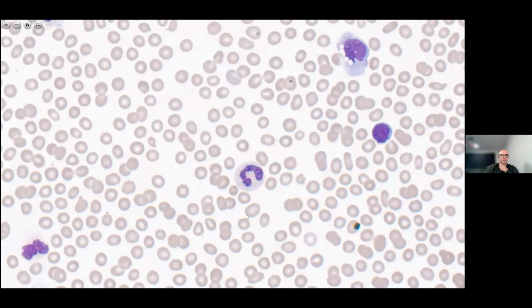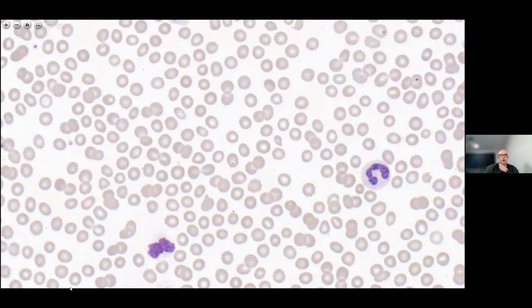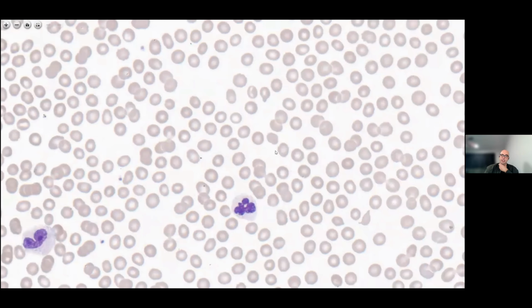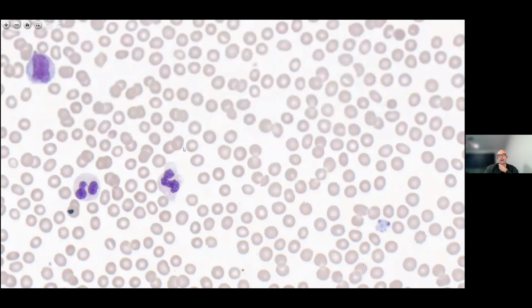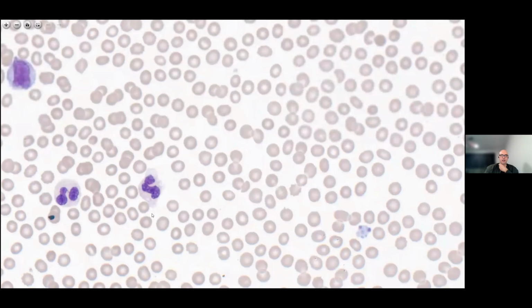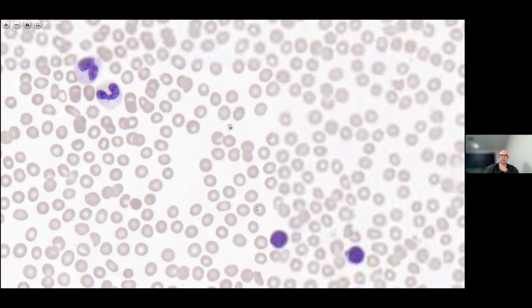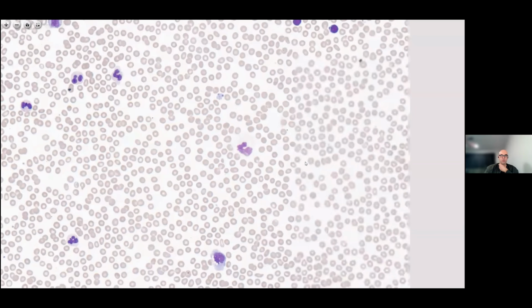There don't seem to be any obvious reactive changes in the neutrophils, and there's not an overly high number of band forms, so I would be comfortable not reporting those if that was part of your procedures. Sorry, it's going to take a little bit of buffer.